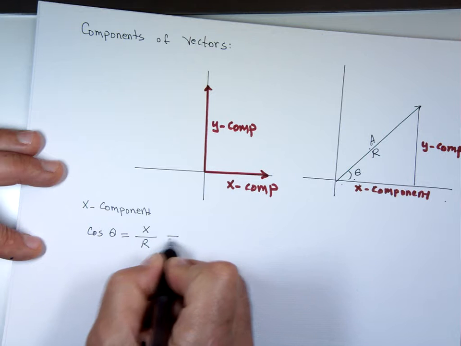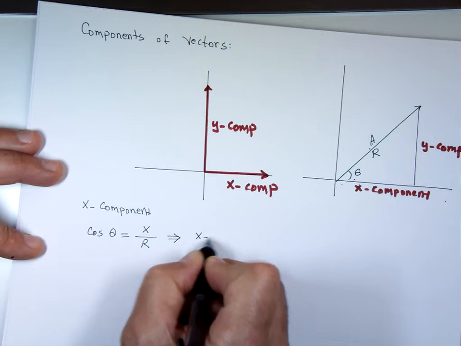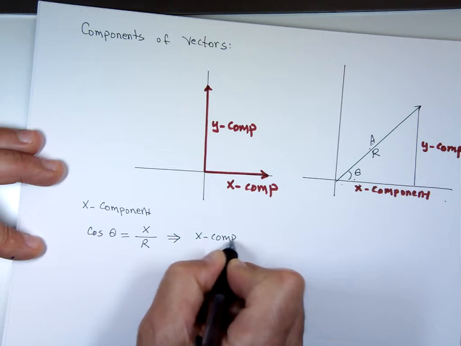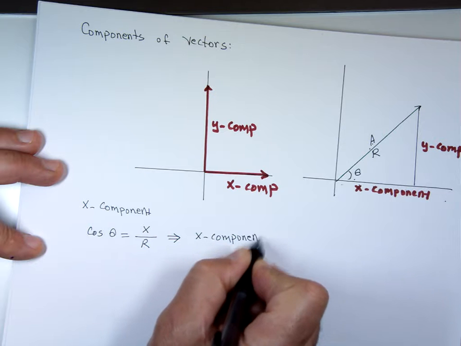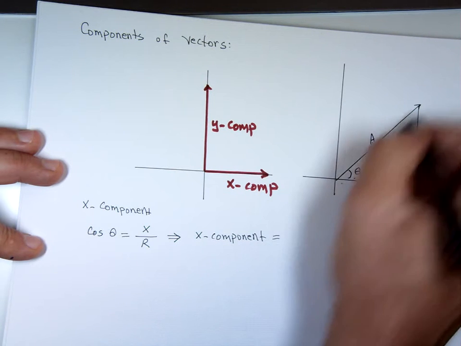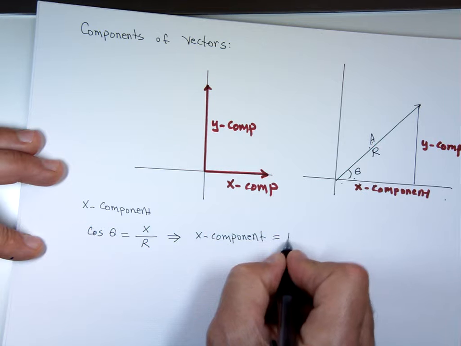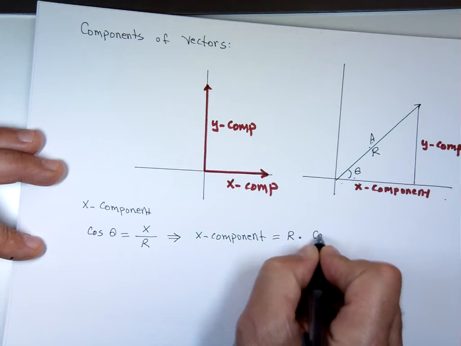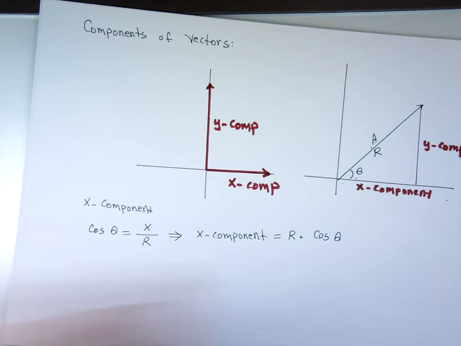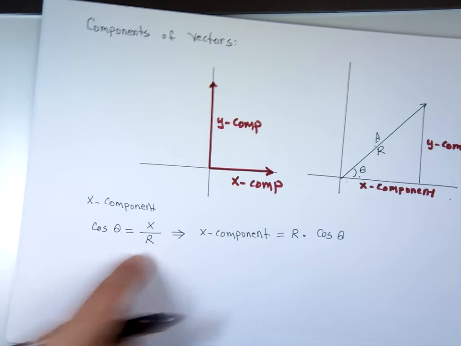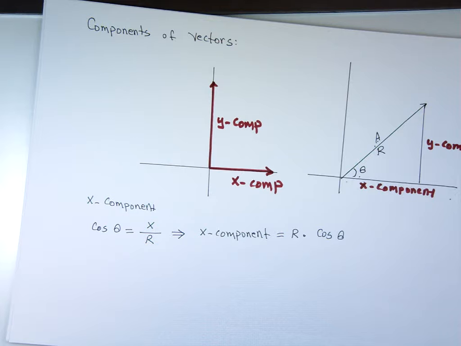So when you play with the math, you end up with the x component is equal to the length of this vector, the magnitude of it, times the cosine of theta. Because if you multiply both sides of the equation by r, you end up with x equals r cosine theta.